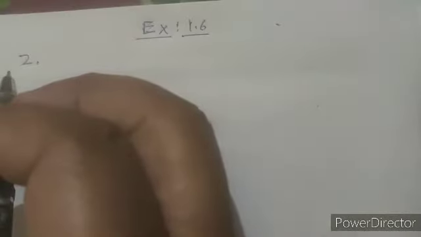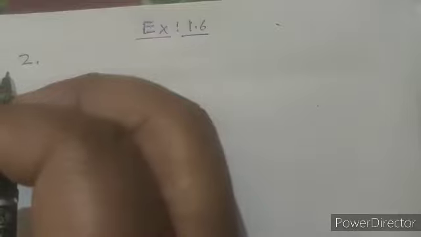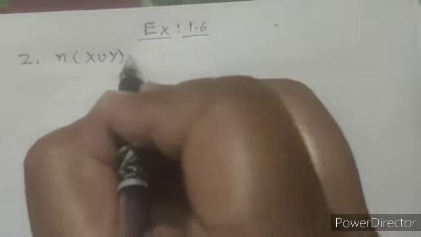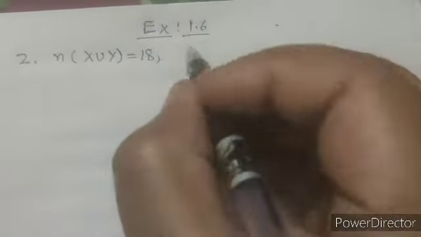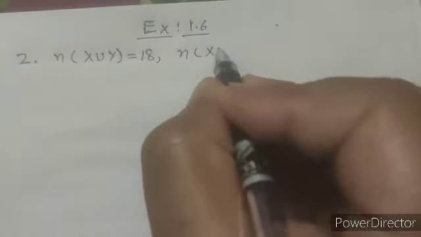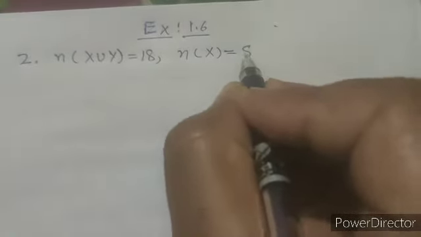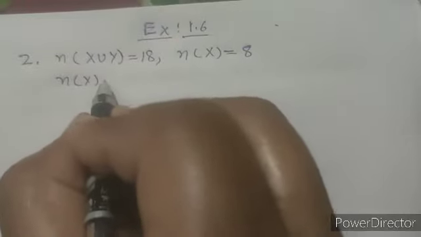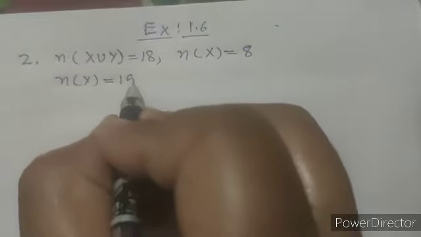The number of elements in X union Y is 18. That means n(X union Y) is equal to 18. Number of elements in set X is 8 and number of elements in set Y is equal to 15.